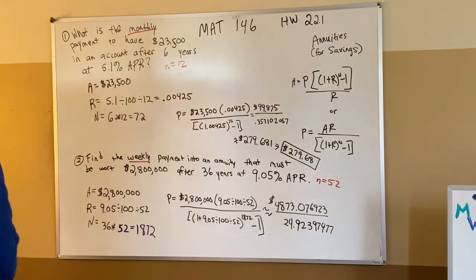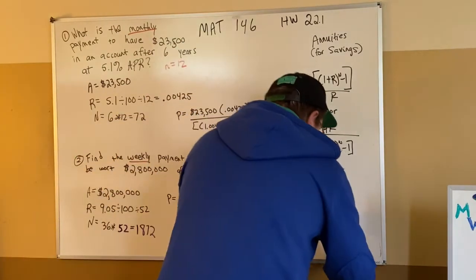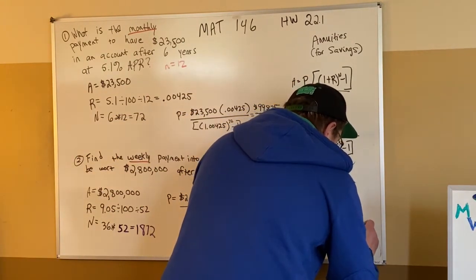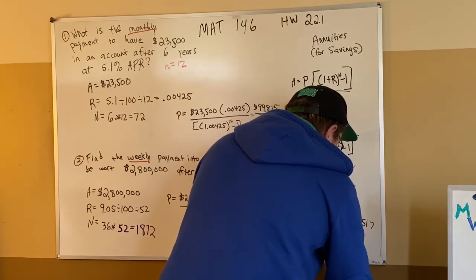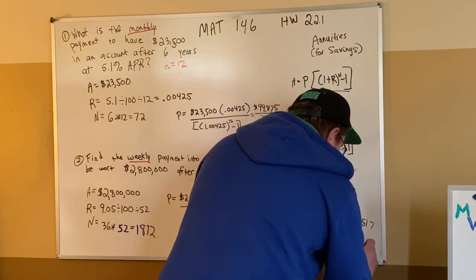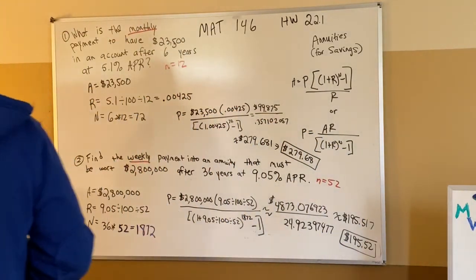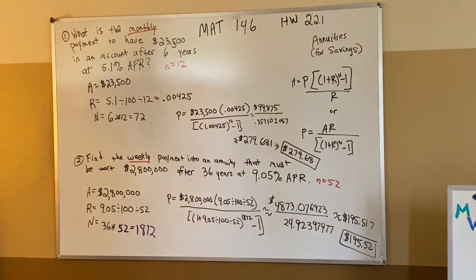And we'll get $195.517, $195.52. That'll be the payment that'll get me there. I gotta do it every week. I gotta do it for 36 years, but it'll get me to where I plan to be.